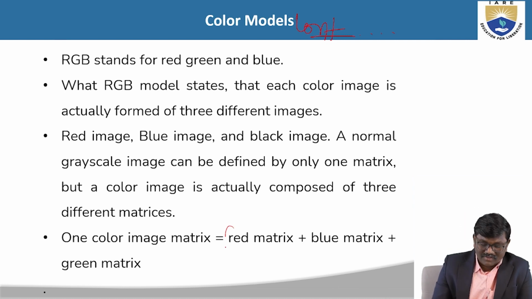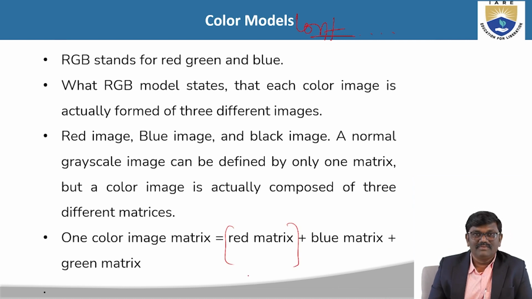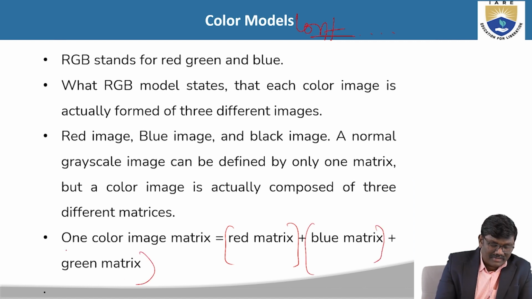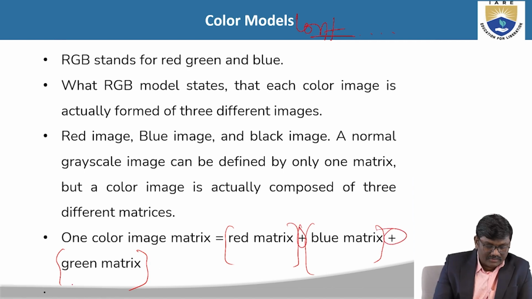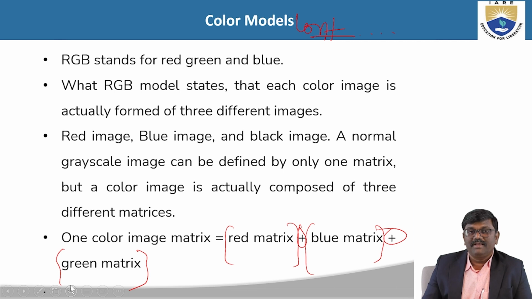This is one matrix of the image, this is another matrix, and this is another. By adding, that is, by mixing the three colors, we are preparing one color image matrix.